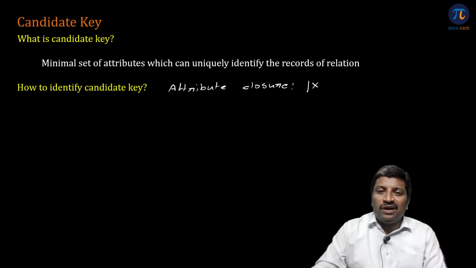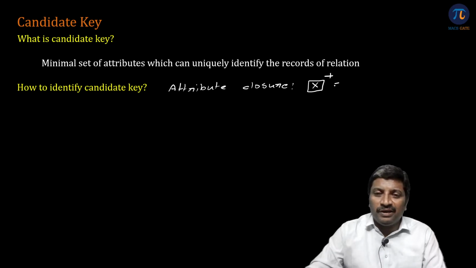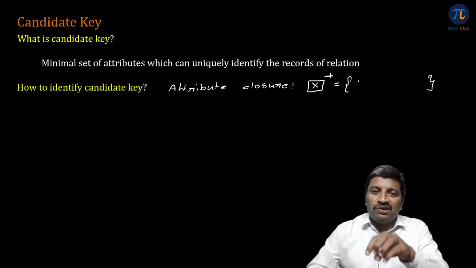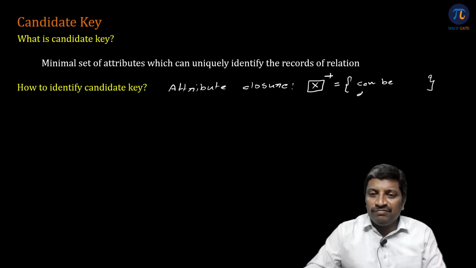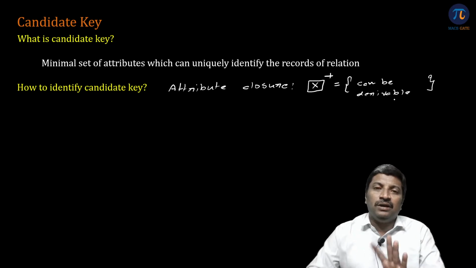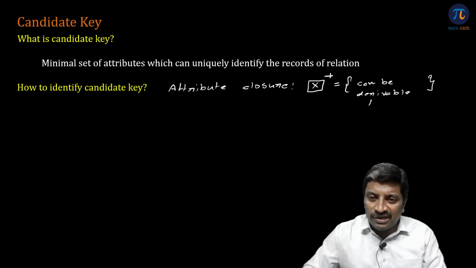Suppose X is the attribute set. Then the closure is denoted by X plus. Here what do you write, sir? The collection of all attributes which are derivable from X, which we can identify from X.